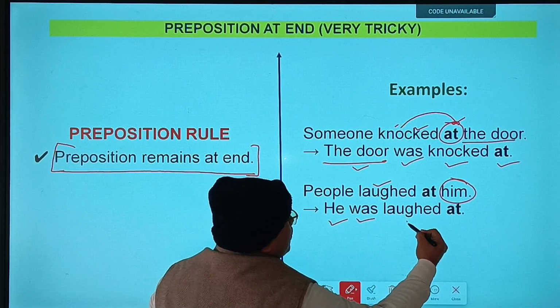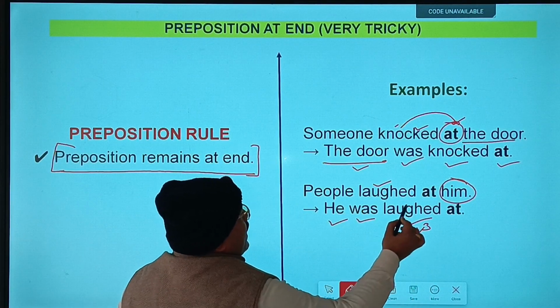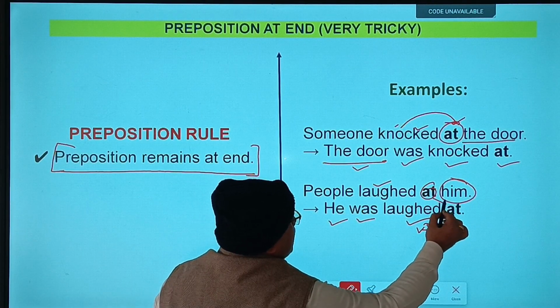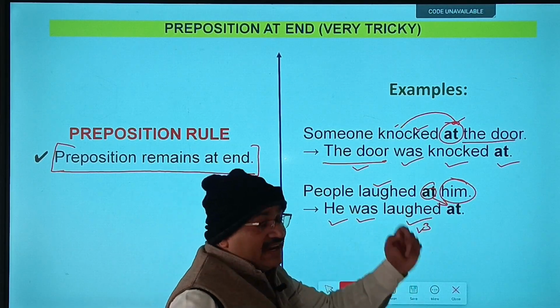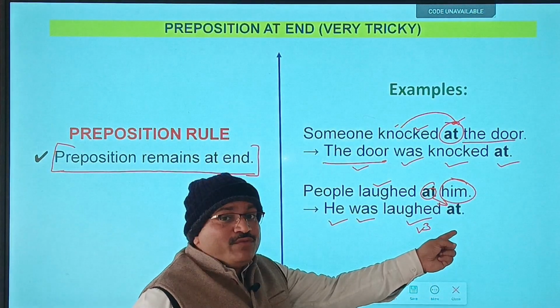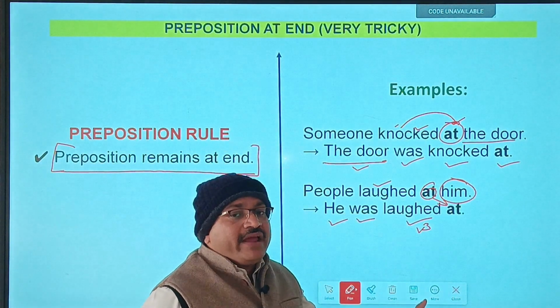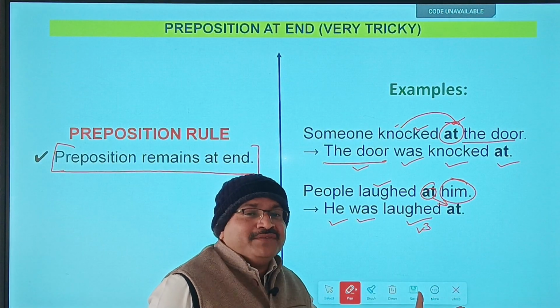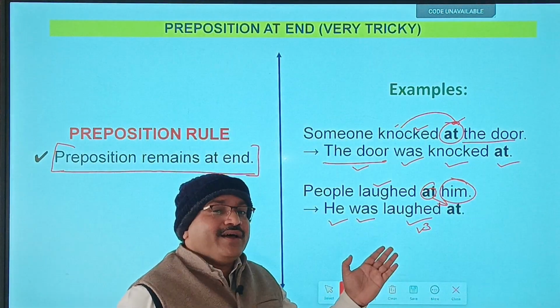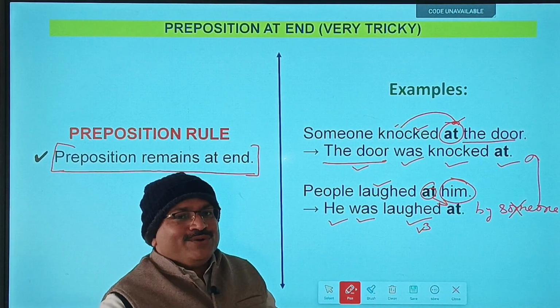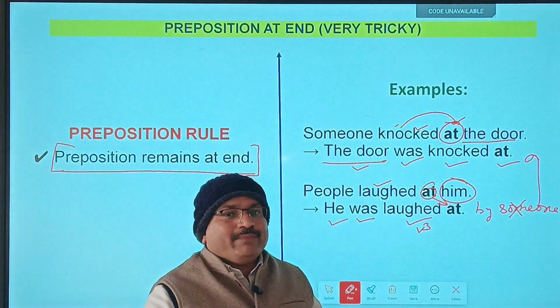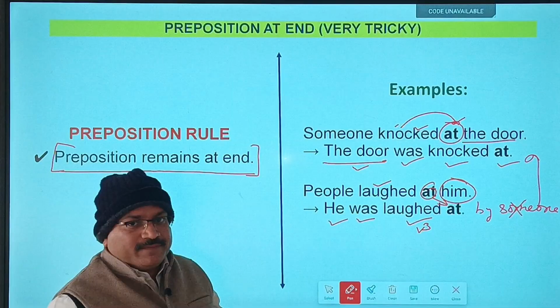Laugh, laughed, laughed, third form V3. And at. You can see, he was laughed at. We are not removing the preposition in passive voice. So the preposition will remain intact with the verb in passive voice also. This is how to change a sentence with a preposition into passive voice.